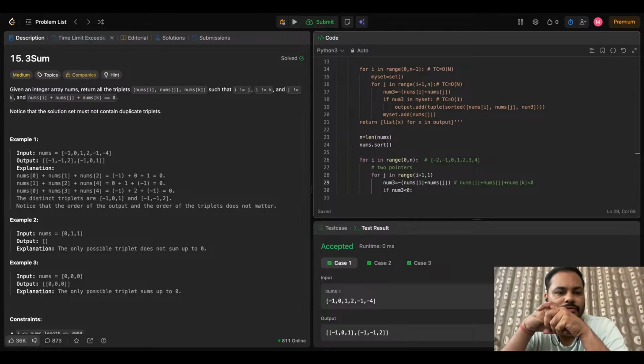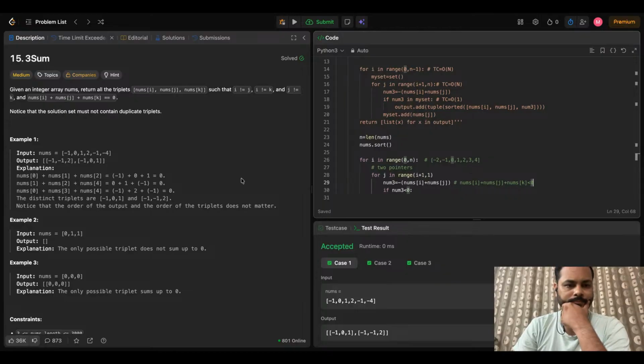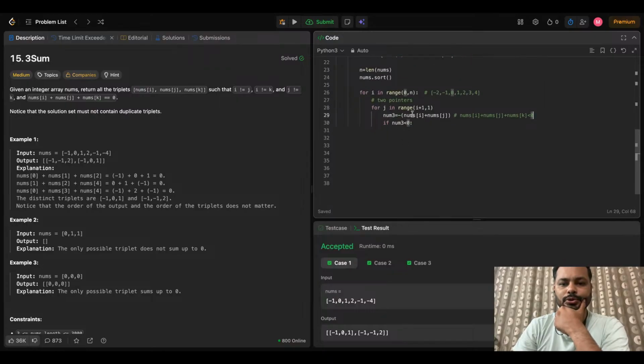So for using two pointers, instead of a for loop, let us do this while loop.